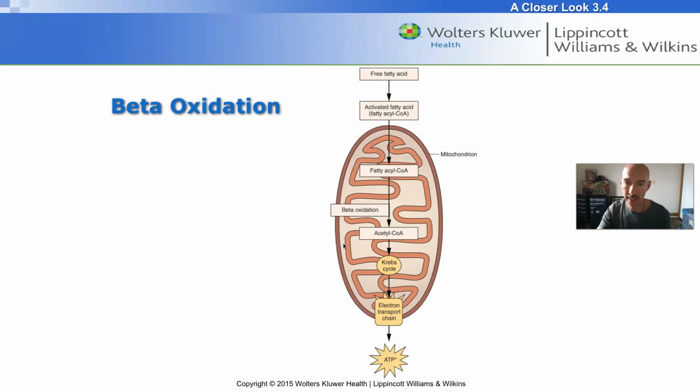So that process of converting fatty acids to acetyl-CoA has a name. Again, don't worry too much about this. I just wanted to show it to you. That process is called beta oxidation. Beta oxidation is the process of taking fatty acids and converting them into a bunch of acetyl-CoA molecules.